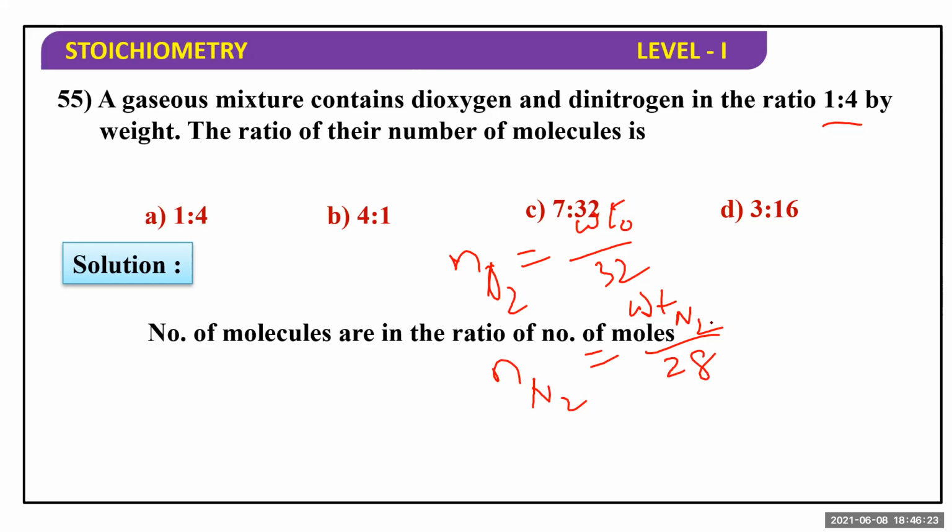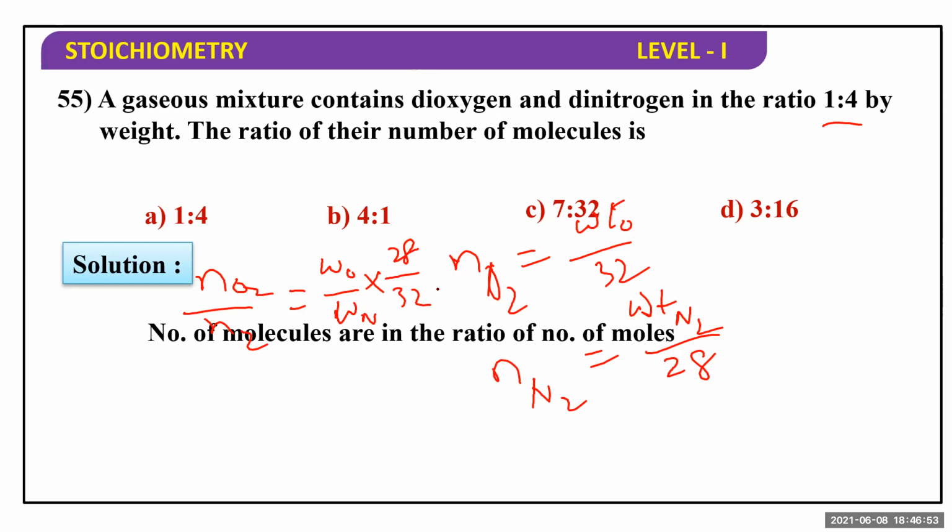So we can say that NO2 divided by NN2 equals weight of oxygen divided by weight of nitrogen into 28 divided by 32.